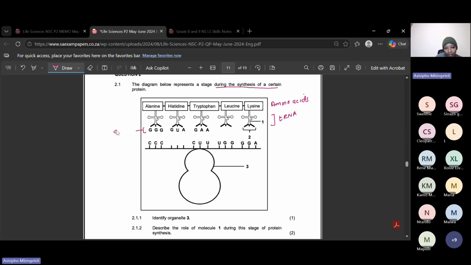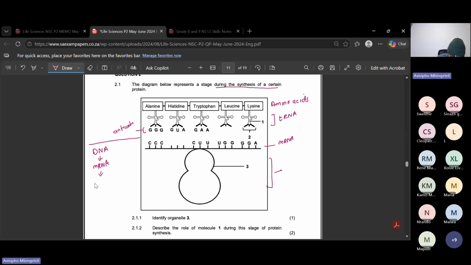And then here we have a strand, and here we have an organelle. It is obvious that it's a strand of messenger RNA. Remember our normal sequence, guys, when we're doing this. We first use a DNA template in order for us to get messenger RNA codons, to form a messenger RNA strand.